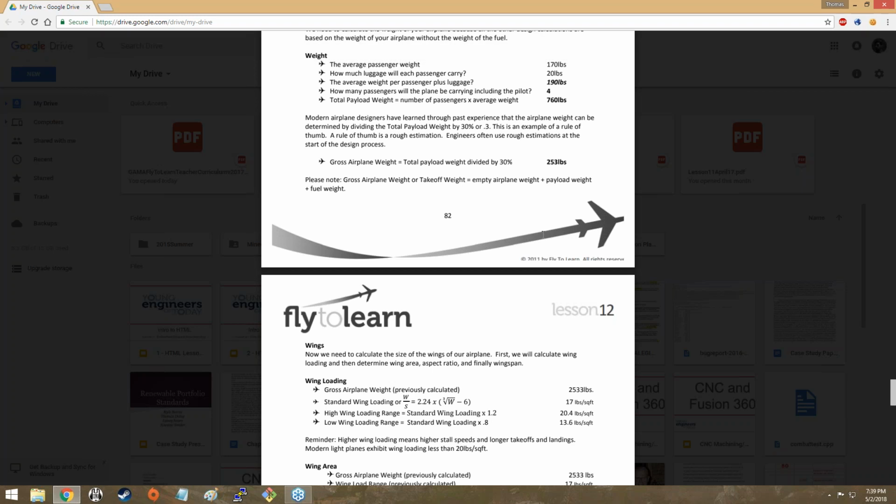That's just a rule of thumb, if you guys remember. It's not 100% set in stone totally accurate, but that tends to be a pretty good estimation of the values that you're looking for. So doing that will give you the gross airplane weight.